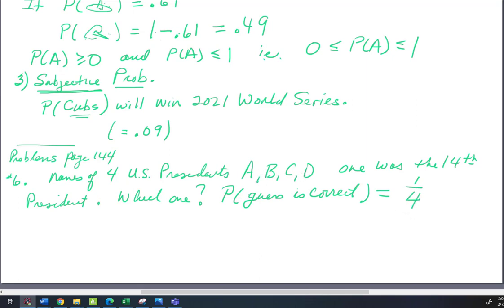They would all be equally likely. If I know my history, then the probability wouldn't be 1 out of 4, but we're assuming I'm using a guess to answer the question, so the probability I'm correct would be 1 out of 4.